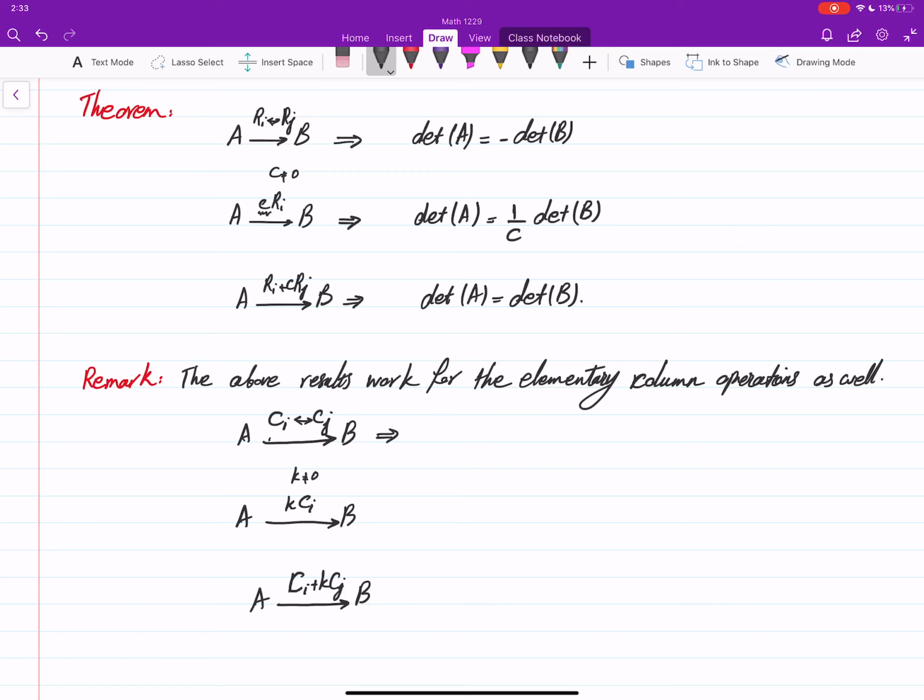What you will get is that, the same way, if you interchange two columns, determinant of A would change by a negative sign.